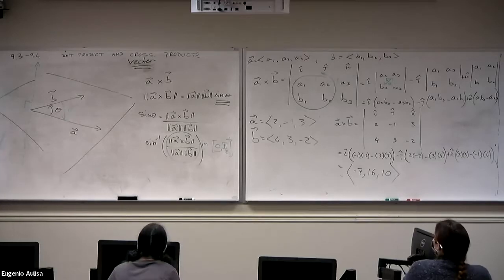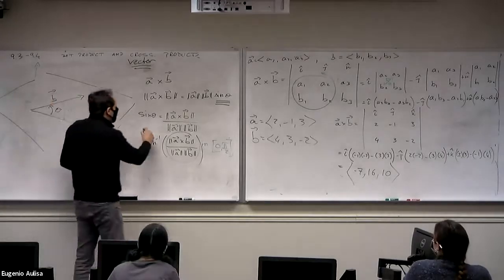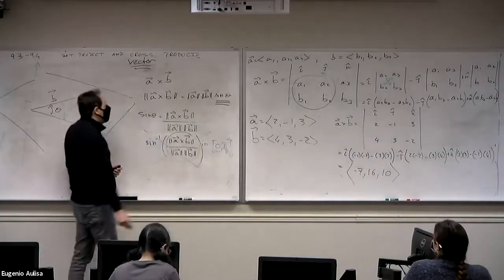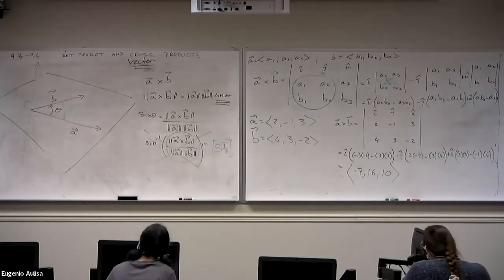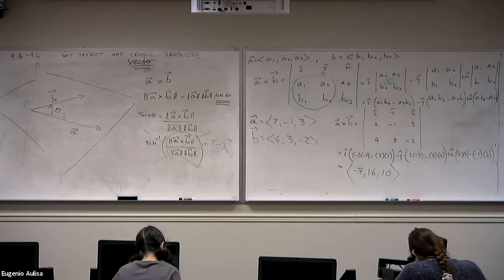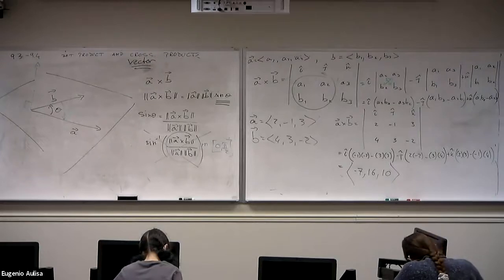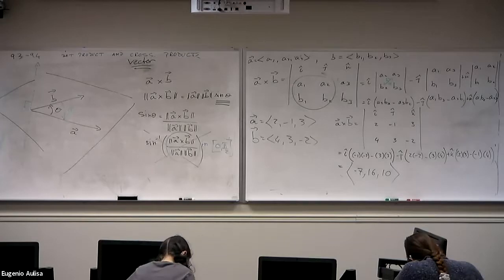So you never use this formula to get theta. Because if the two vectors are not antiparallel, but the angle between them is obtuse, you're not going to get the right angle. You're going to get the corresponding acute one that has the same sine.